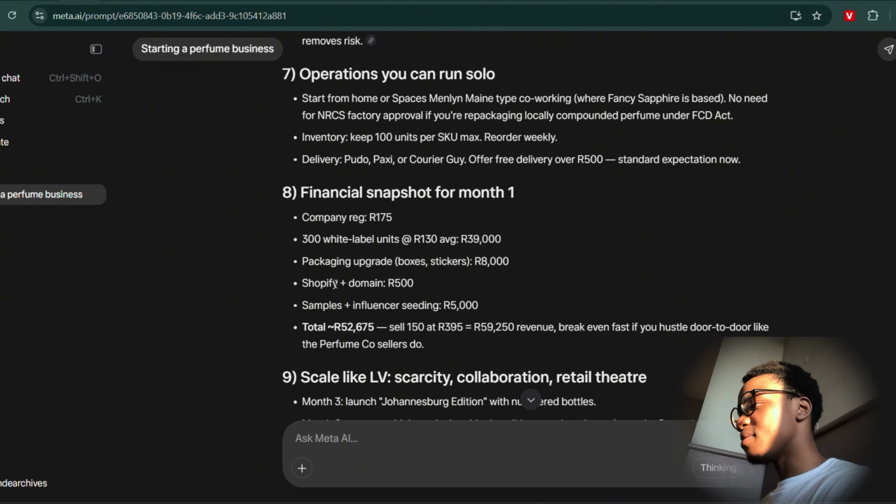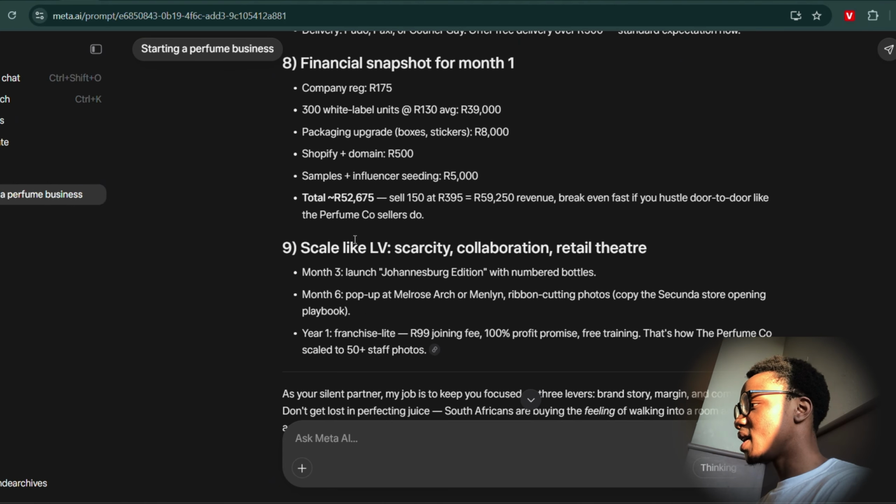Shopify domain 500. Samples plus influencer seeding 5,000. Total that'll be 52K. Sell 150 at 395 equal to 59. Revenue break even fast if you hustle door to door like the perfume core sellers do.